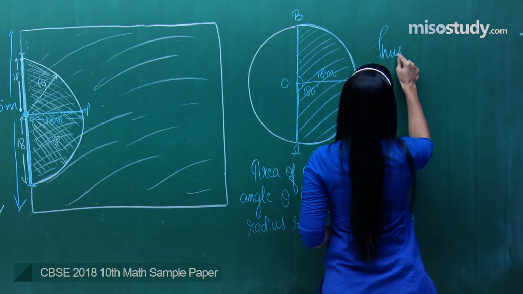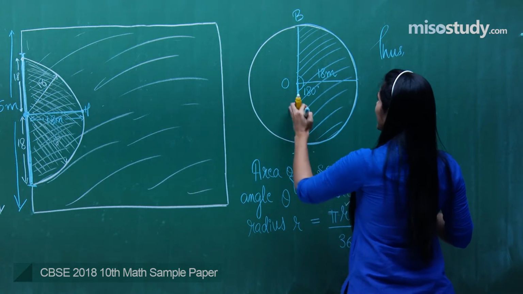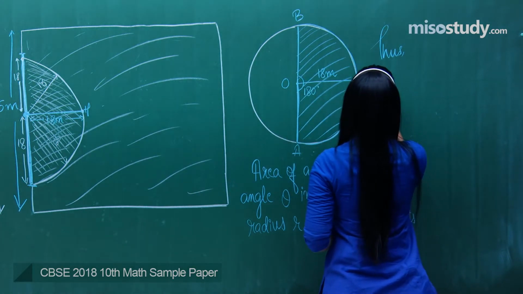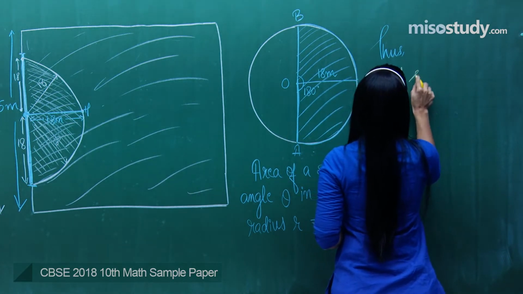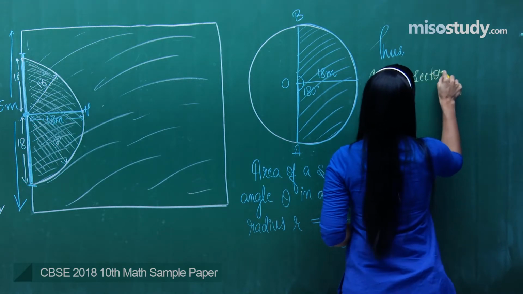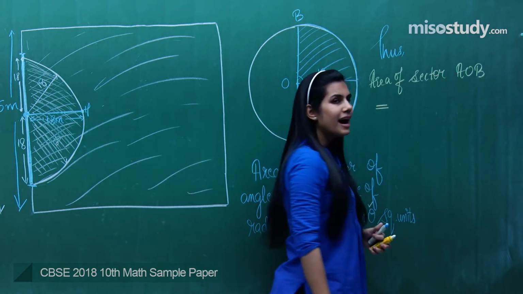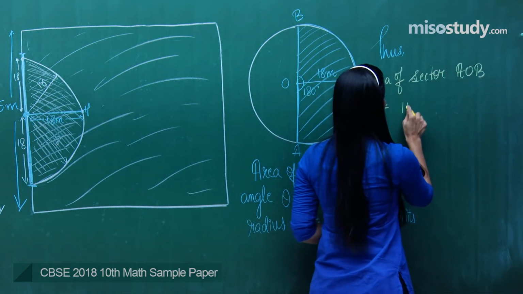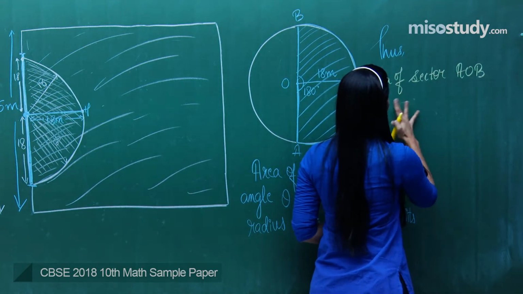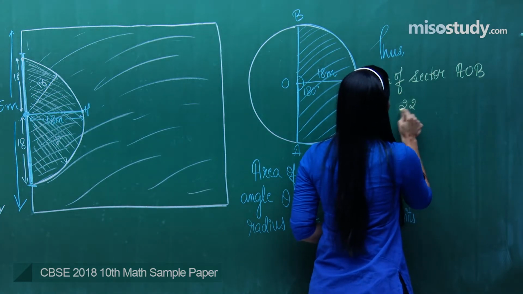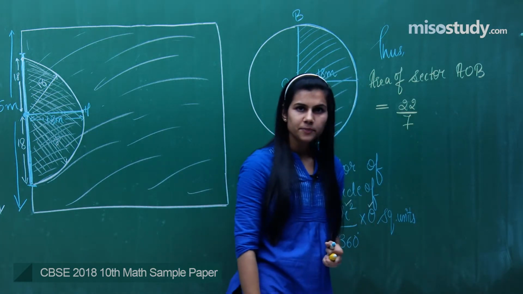Thus, area of the sector AOB is pi r square. So, pi we are going to replace it by 22 by 7.